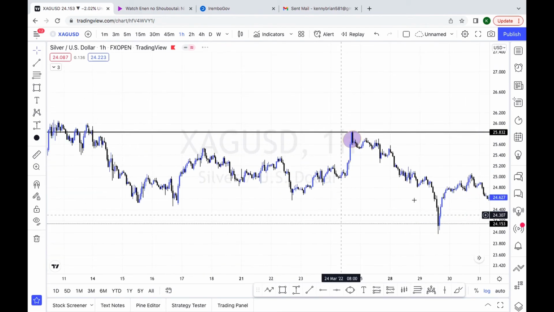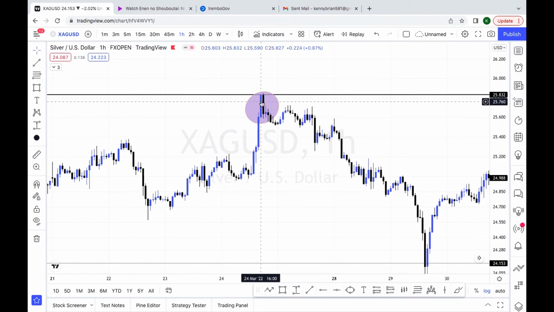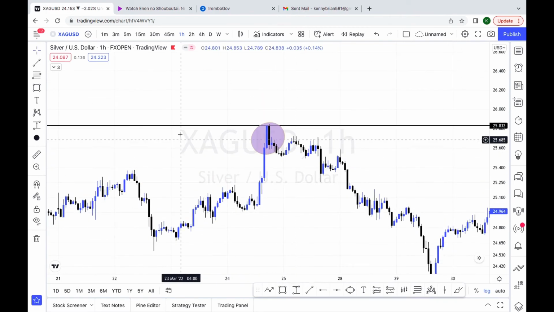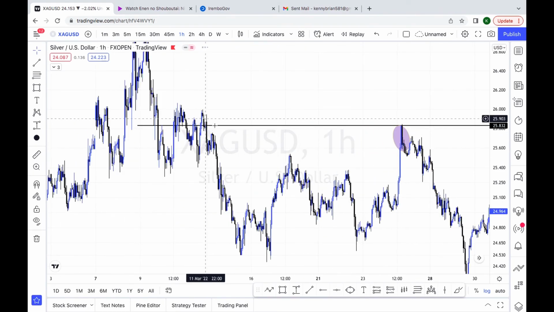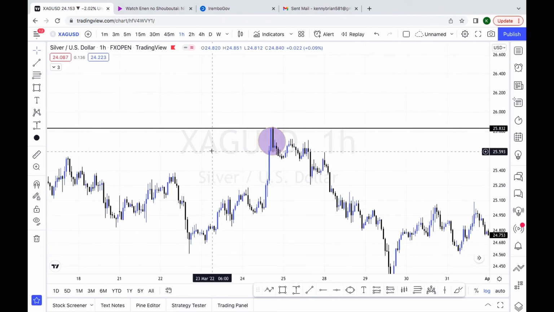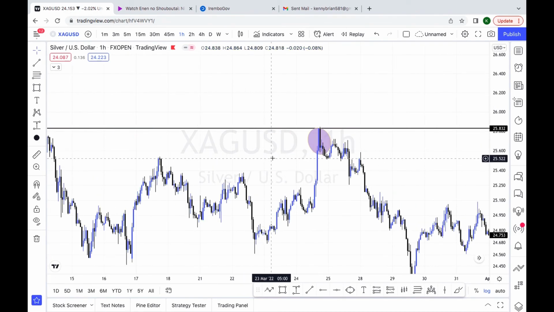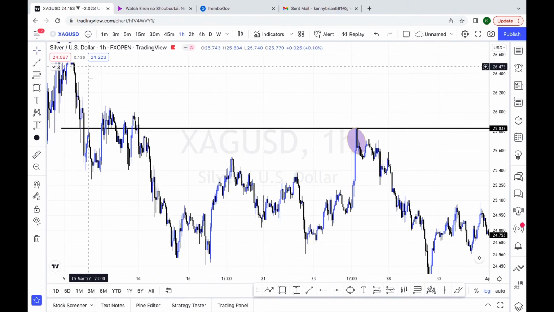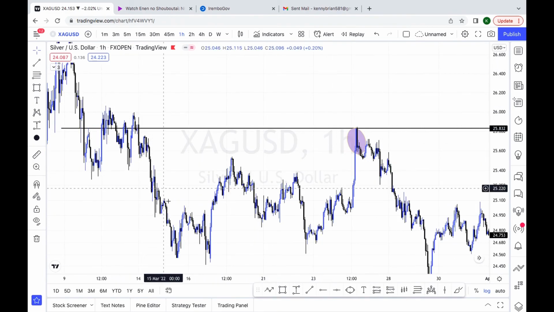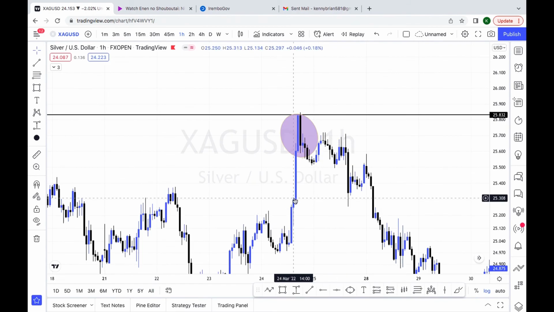This is the example of a tweezer top. Price was being moved up and touched a certain area. This area was drawn by me, to take the trade. Noe will also explain this because this includes market structure. The market drops, goes higher, drops, and then comes back for a correction. This is when you look for these candlestick patterns.